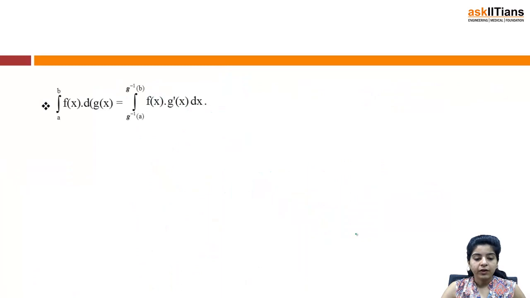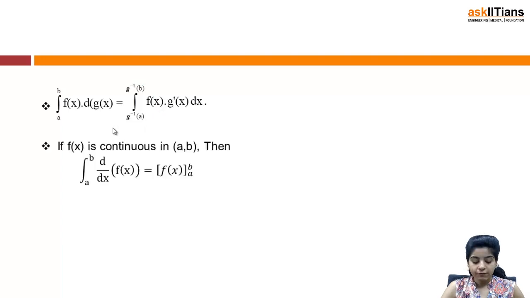Next important point that we have is: the integral from a to b of f(x) times the derivative of g(x) is equal to the integral from g inverse of a to g inverse of b of f(x) g dash x dx. If f(x) is continuous in [a, b], then the integral from a to b of d by dx of f(x) is f(x) with limits a to b. This is possible only if f(x) is continuous in [a, b].